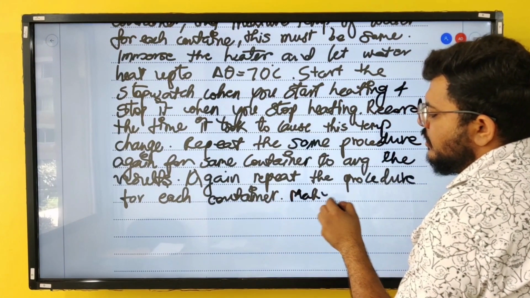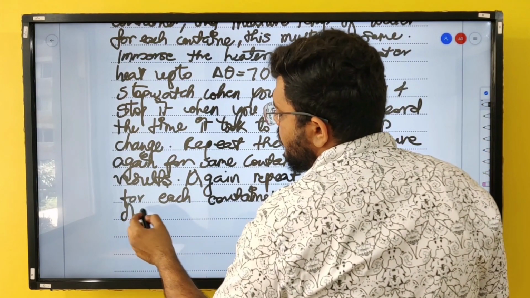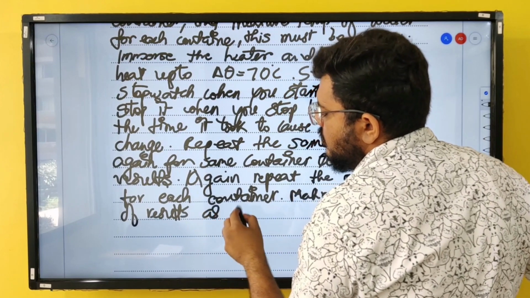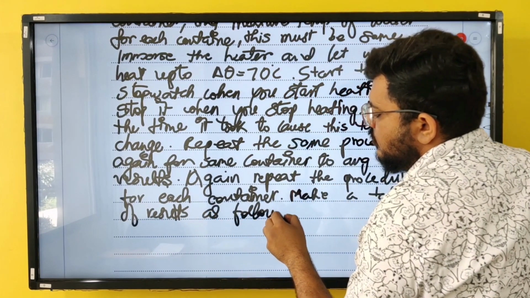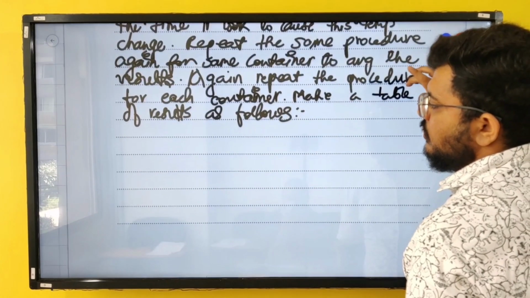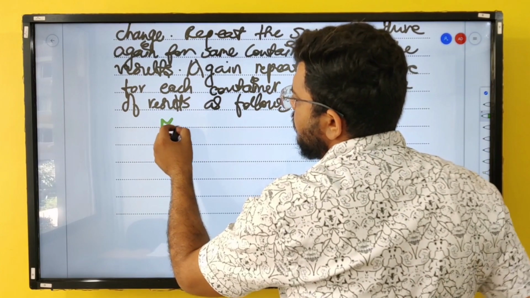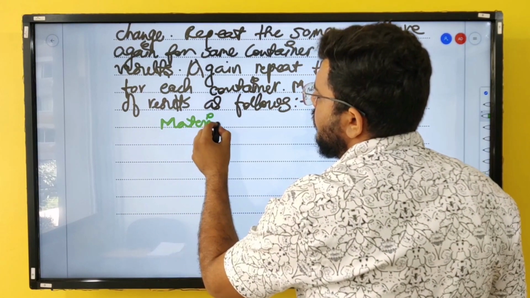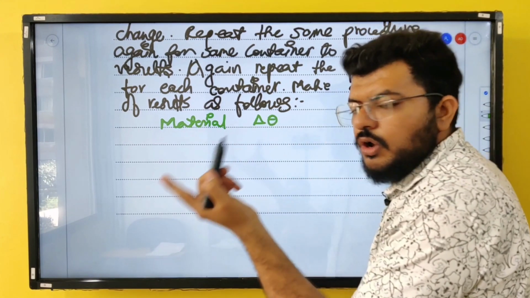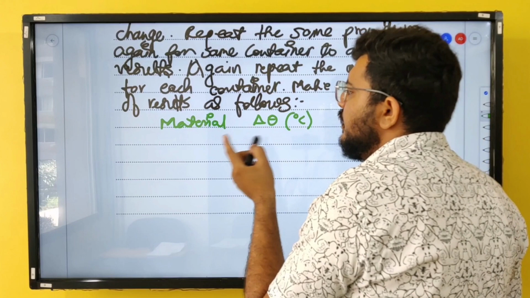Make a table of results as follows. So you have the material, and delta theta will be the same for all of them, but still let's record it for our understanding.